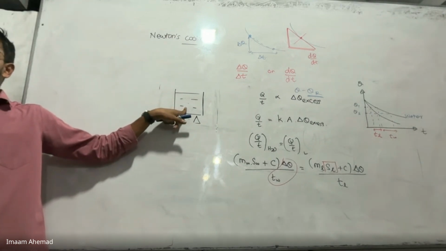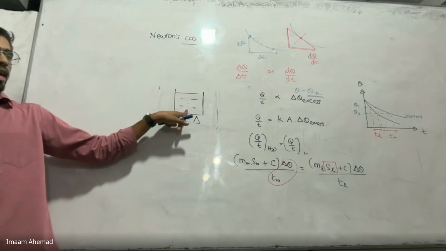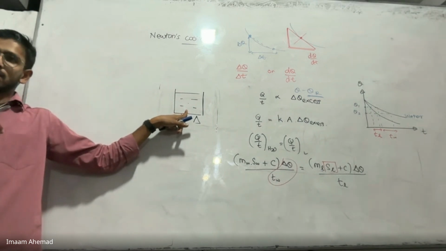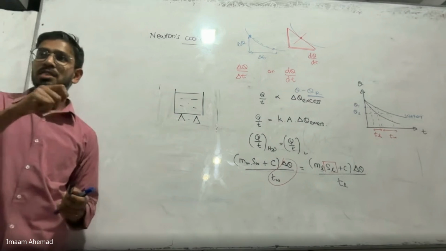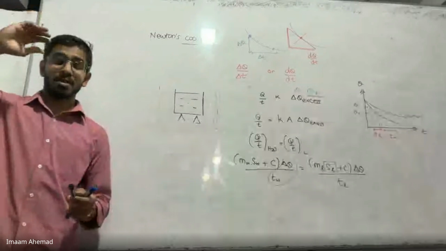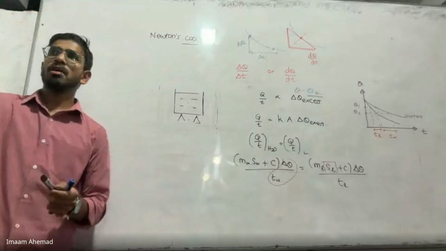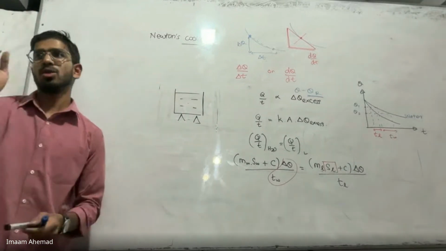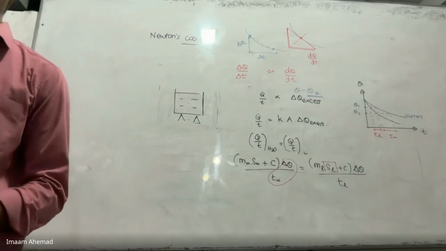So to make sure that the surface temperature and liquid temperature is same, we have to mix it well. Okay. Then mix the same reason. We are measuring the surface temperature. What we need is surface temperature, but what we measure is liquid temperature. So we need to make sure both of them are same.